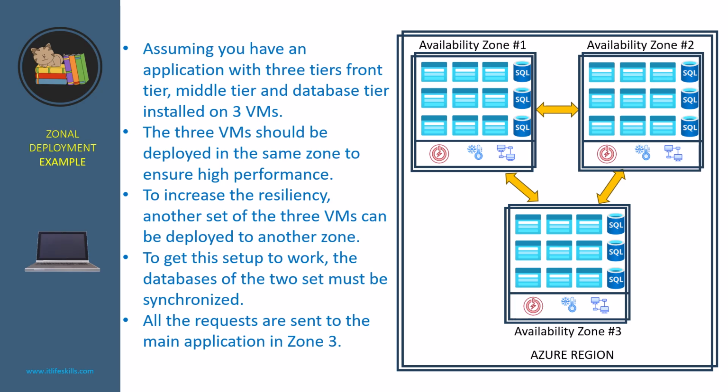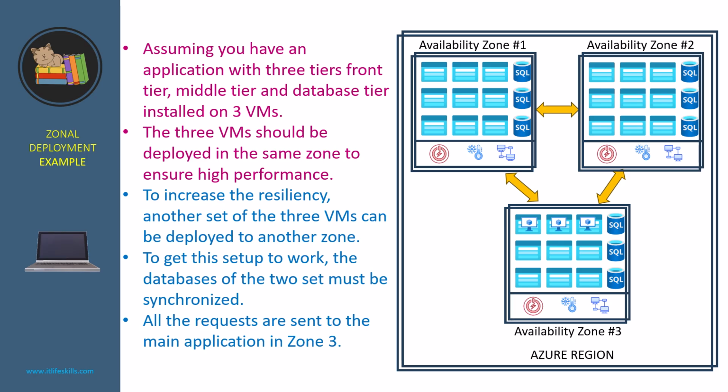To understand zonal deployment, let's analyze this example. Assuming you have an application with three tiers, front end, middle tier, and database tier, installed on three VMs. The three VMs should be deployed in the same zone, for example, zone 3, like this, to ensure high performance.